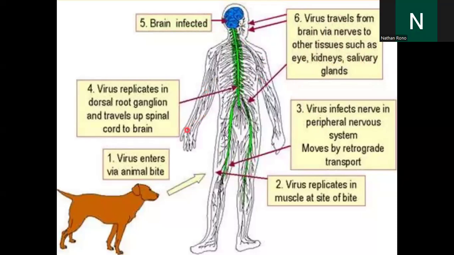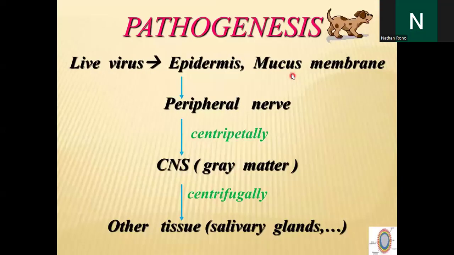Okay, have you understood? We start with entering via the animal bite, replicating at the muscle, retrograde transport, replicating at the dorsal root ganglion, traveling up the spinal cord to the brain, then from the brain it goes to the other nerves, anterograde transport to other tissues like the eye, kidney, and salivary glands.